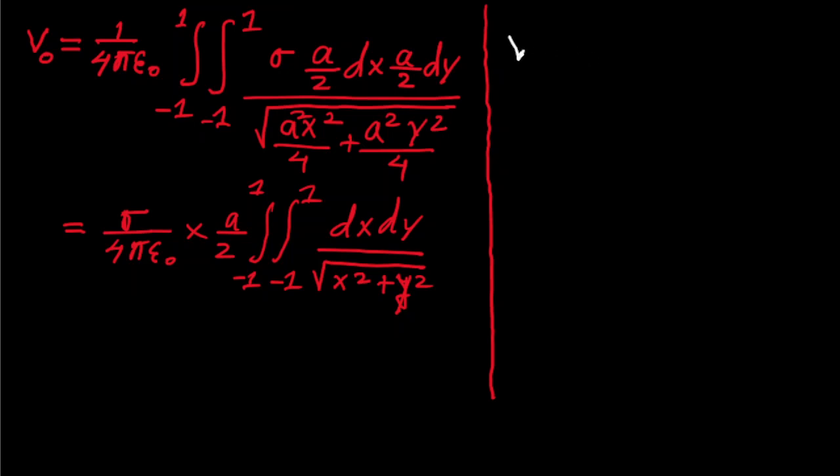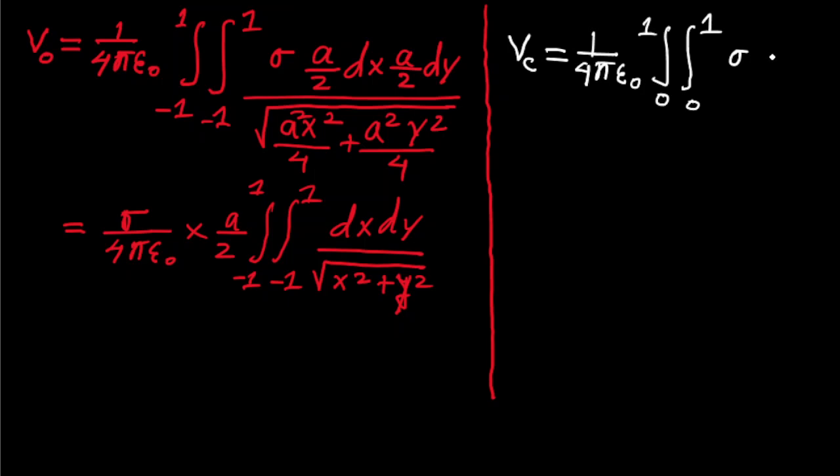We get V naught, or Vc, equals 1 by 4 pi epsilon naught, and then the limits in this case are 0 to 1, 0 to 1, and then the charge density is sigma. Now we have to replace small x prime with capital X prime and small y prime with capital Y prime.